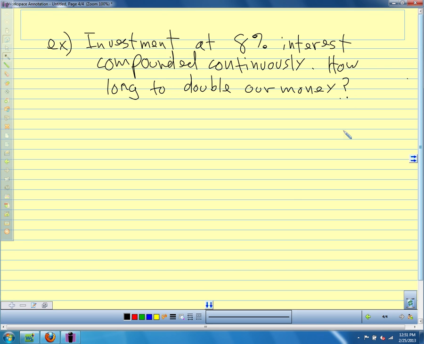Well, first off, what is our formula for continuously compounded interest? The amount equals PE to the RT. All right, so let's say we invest P dollars. To double our money, what do we want our amount to be? 2P.